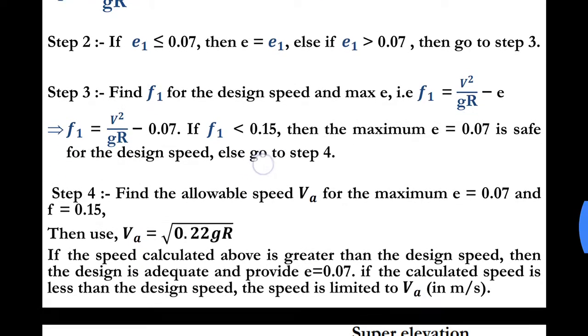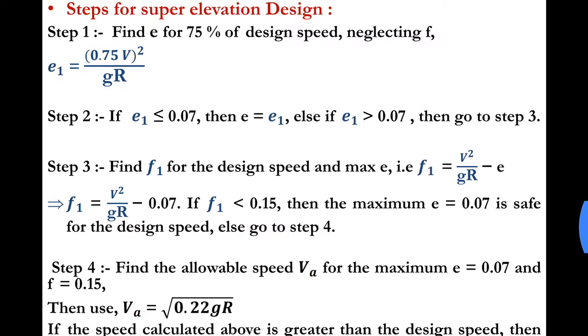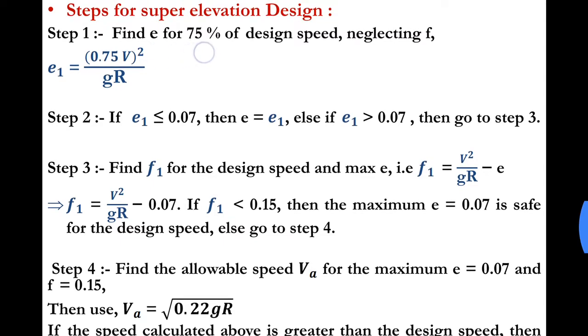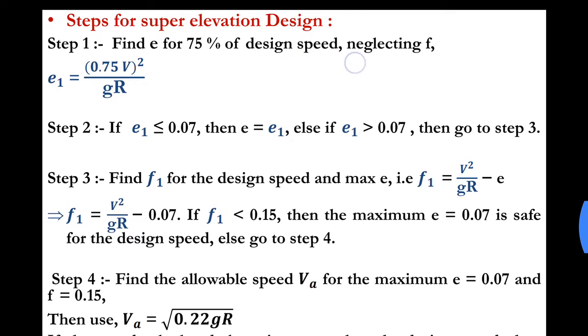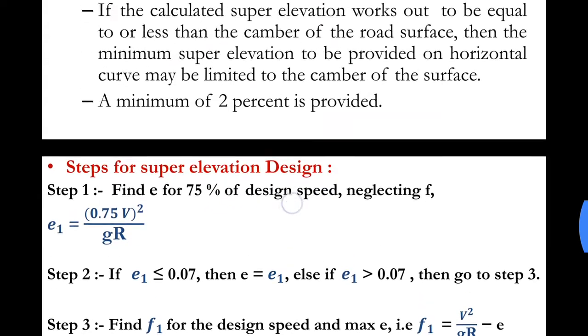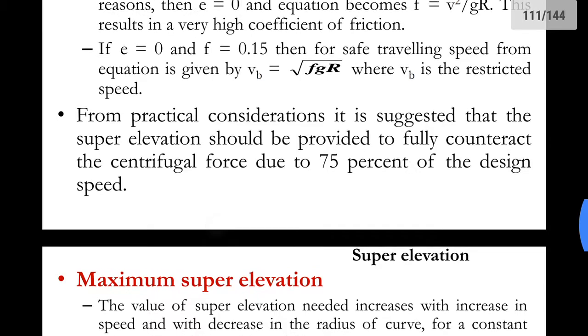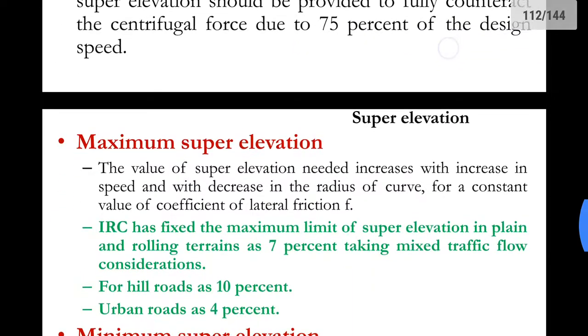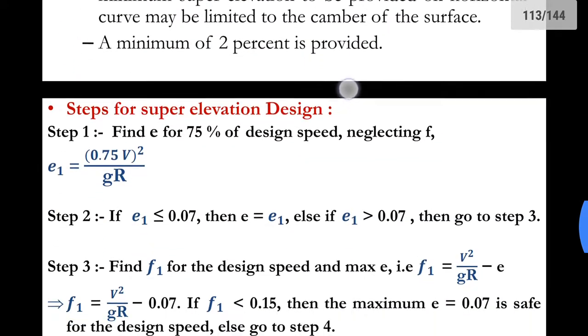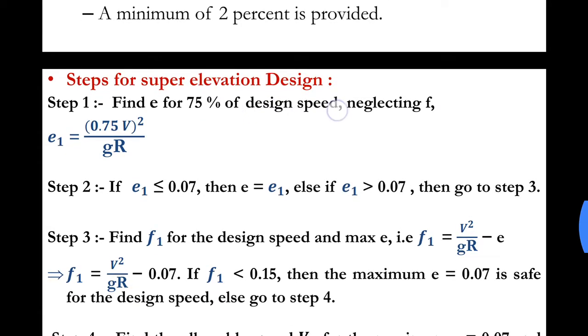Now there are 4 steps involved for the design of super elevation. Find E for 75% of the design speed. As we already discussed earlier, we design the super elevation to counteract 75% of the design speed. Hence we consider only 75% of design speed during design.